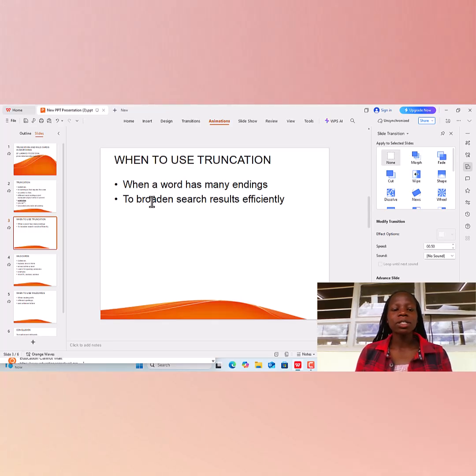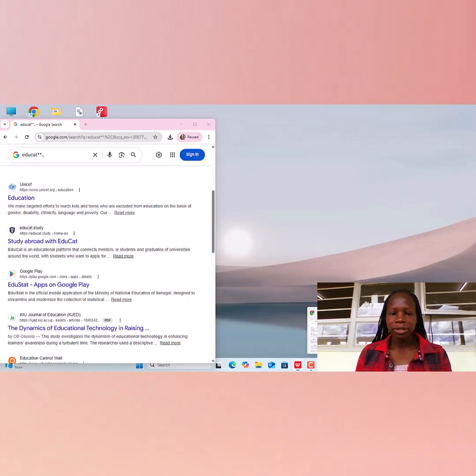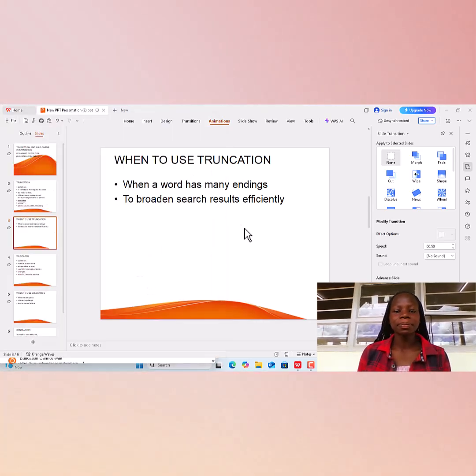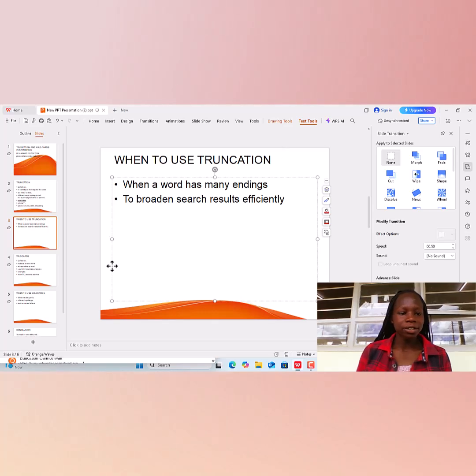You can also use it to broaden your search results, as we used here. Because when I used this educate here, I had education, I had educat, I had edustart, different meanings of the words at the same time. So that's the use of truncation.